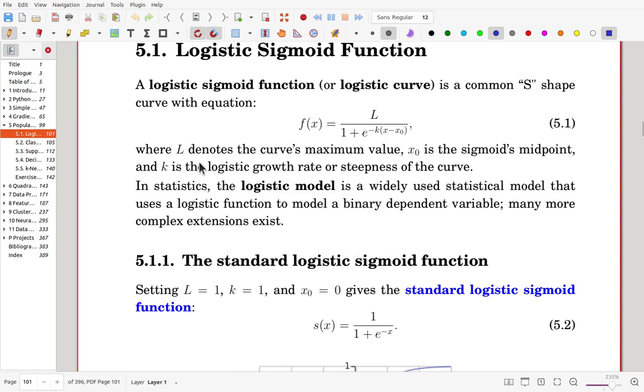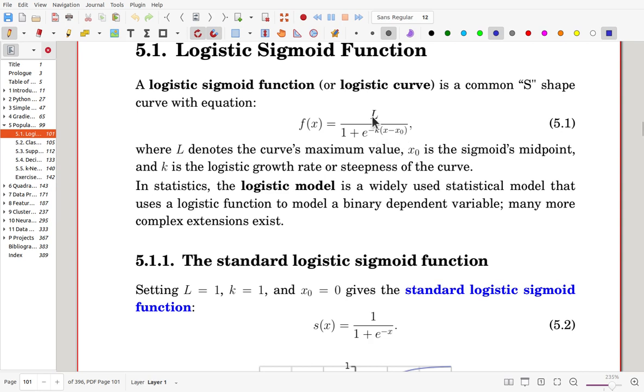Logistic Sigmoid function. The logistic curve is an S-shaped curve with the equation here. L is the maximum value, K is the growth rate, and x0 is the sigmoid's midpoint.